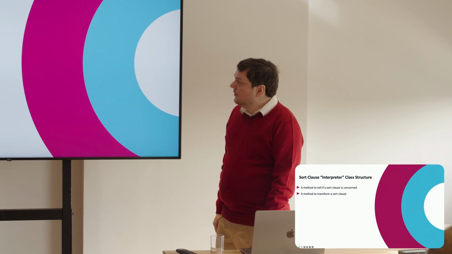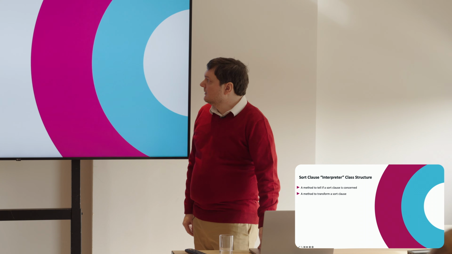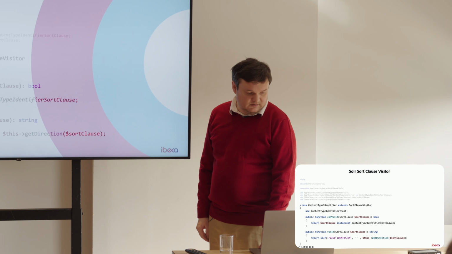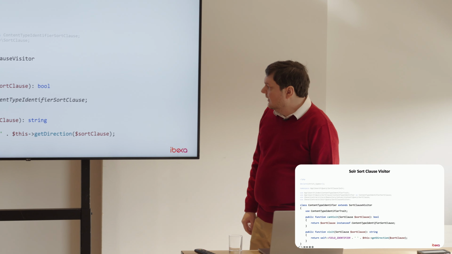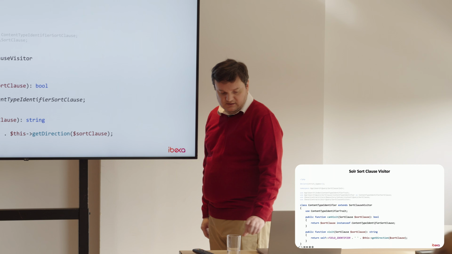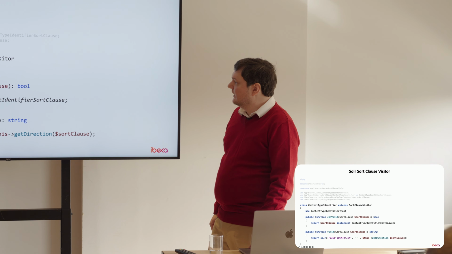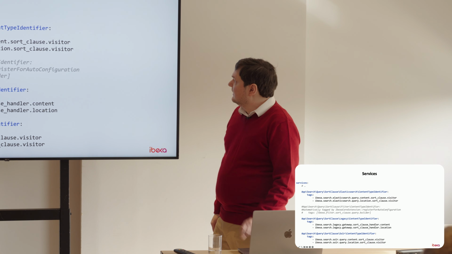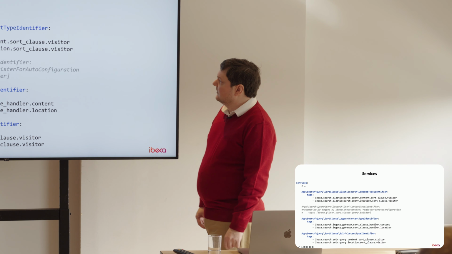And all the interpreters are looking the same again: do I work with this sort clause, and how do I transform this sort clause into a piece of query. And then you can see this again. It's pretty close to the criterion, even simpler this time. I have to tag them because this time this is fully new.